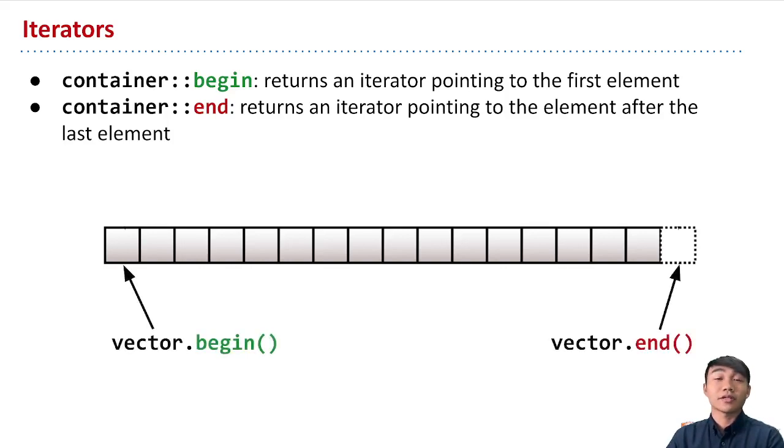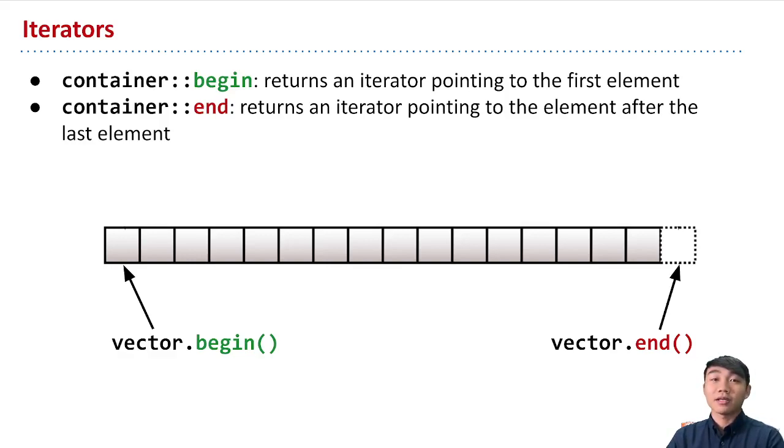So in this case, vector.begin or vector.end gives us the iterator specifically for the particular vector object or instance that we're iterating over. So you can see here that begin returns an iterator pointing to the first element, whereas the end function returns an iterator pointing not to the last element, but to the element after the last element, represented by this dotted box here.